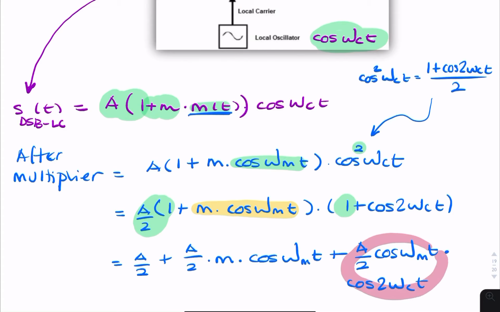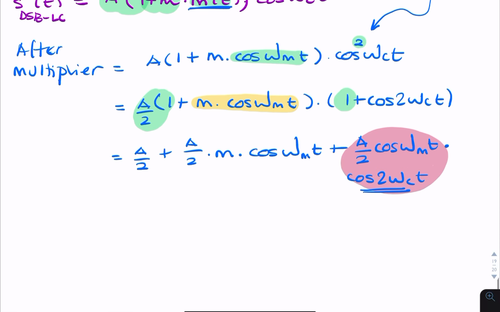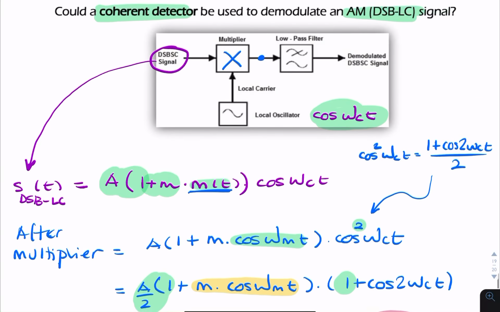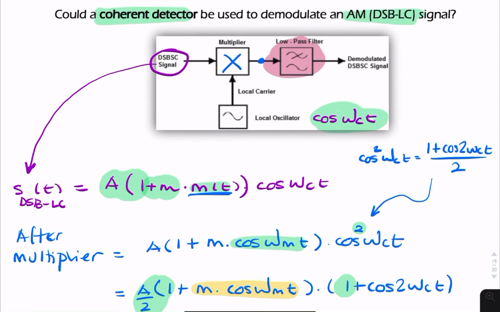When you have a product of two cosines, that gives you two terms, the sum and the difference term. But in either case, because omega c is so much higher than omega m, all of these are high frequency terms, and these will be removed by the low-pass filter.